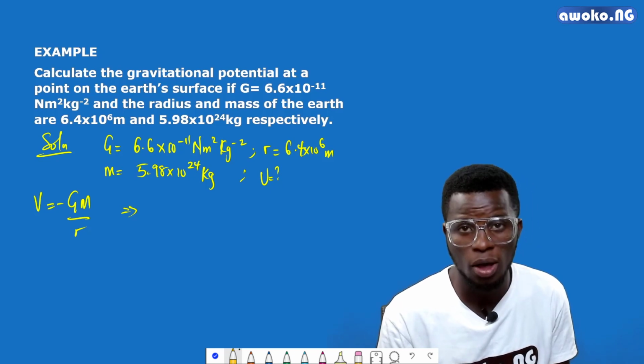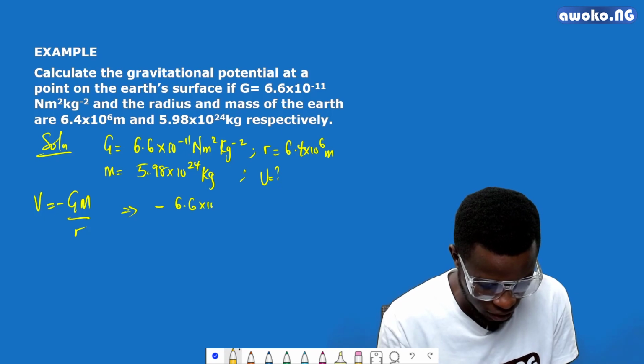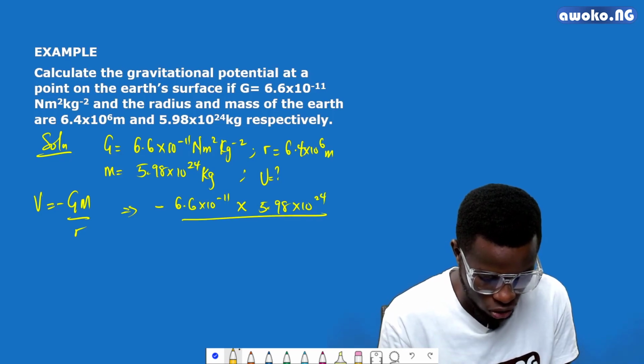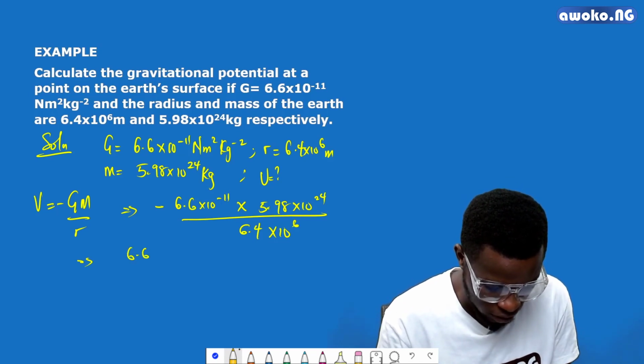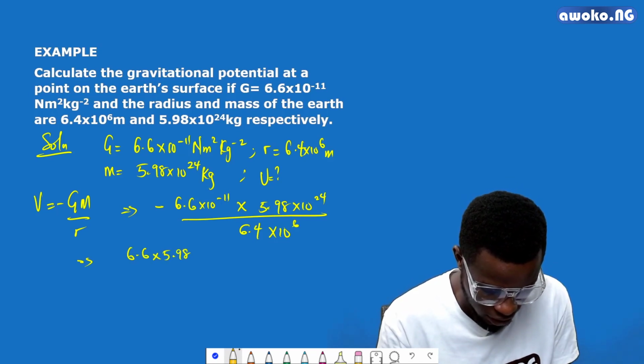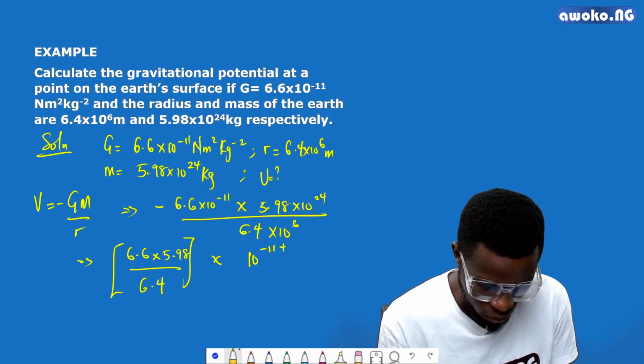V = minus 6.6 times 10 to the power minus 11 times 5.98 times 10 to the power 24 all over 6.4 times 10 raised to the power 6. This simplifies to 6.6 times 5.98 all over 6.4 times 10 raised to the power minus 11 plus 24 minus 6.